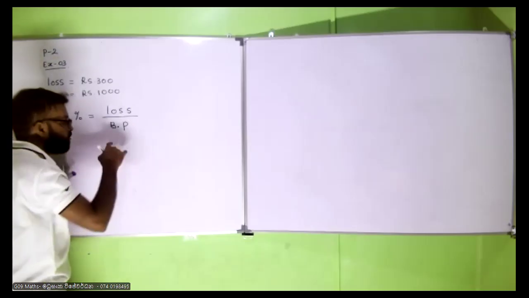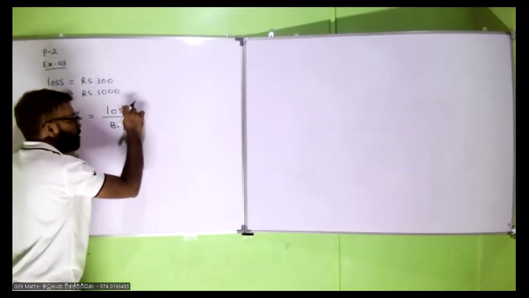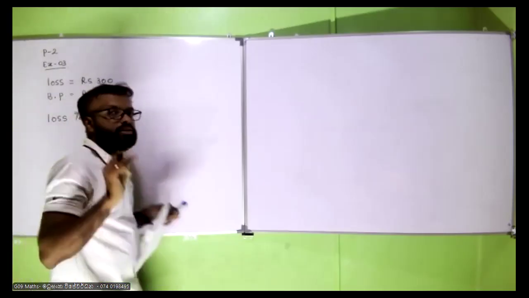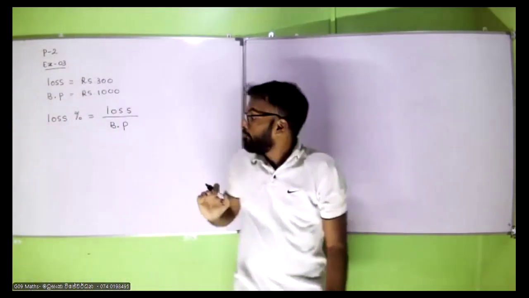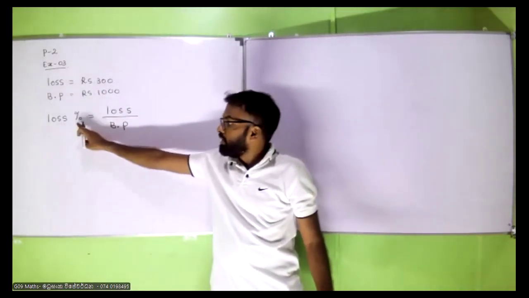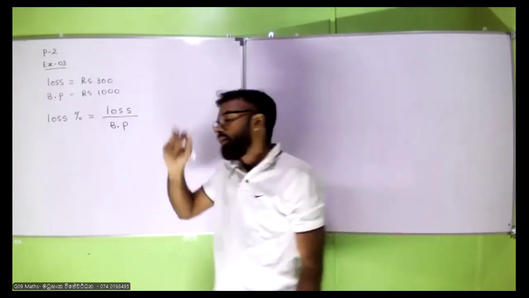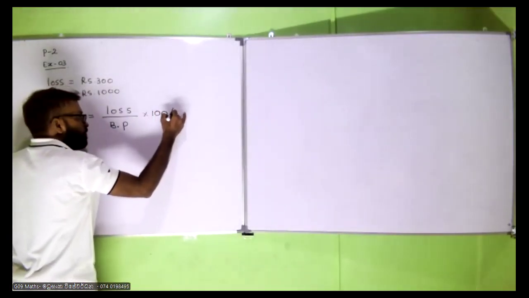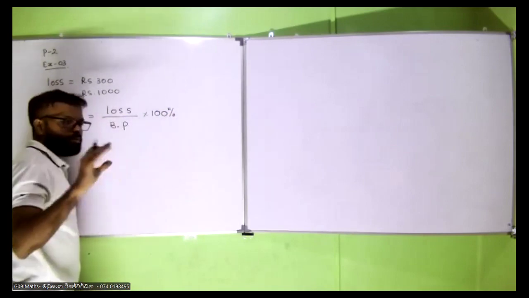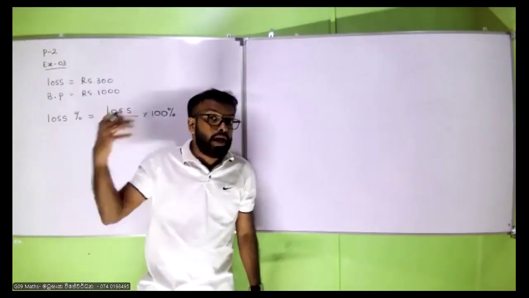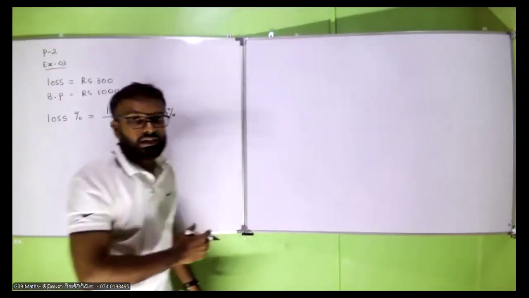Loss divided by buying price is a fraction. To convert this fraction into a percentage, multiply by 100%. You do not need to memorize this equation each and every time.